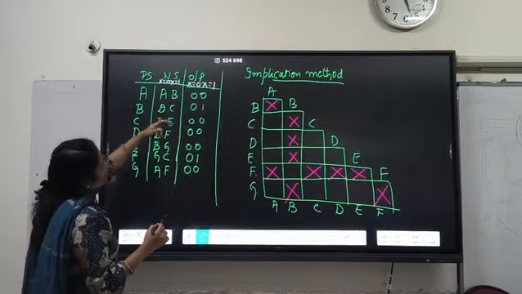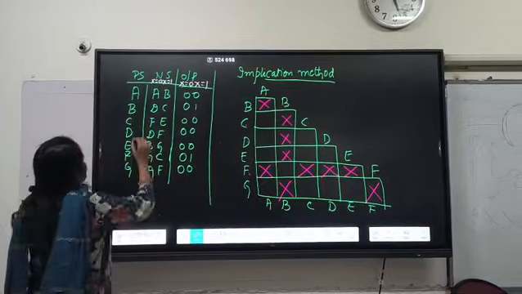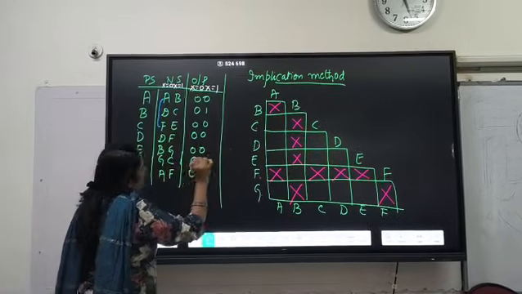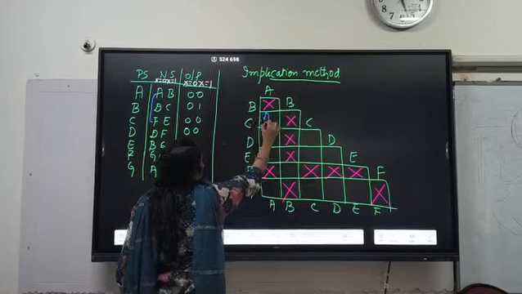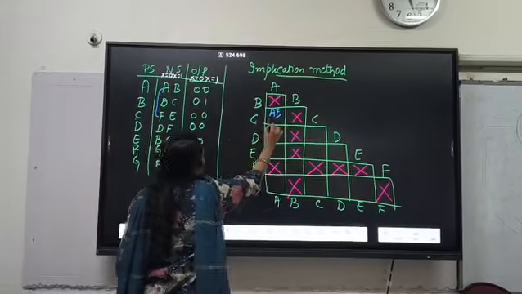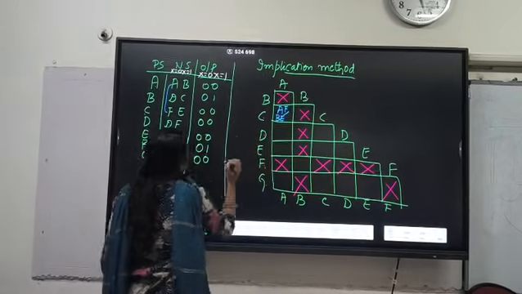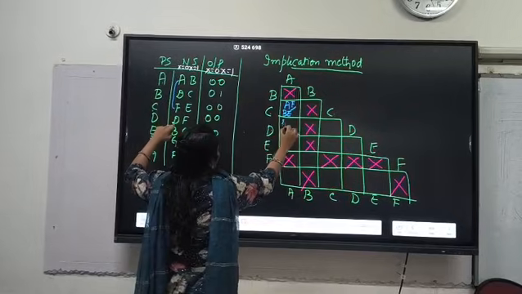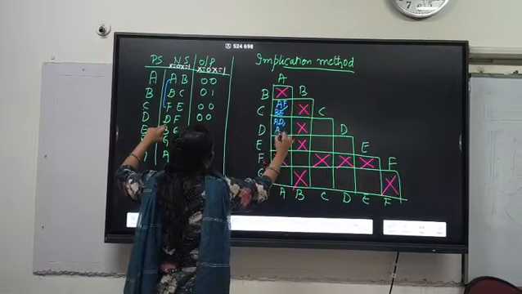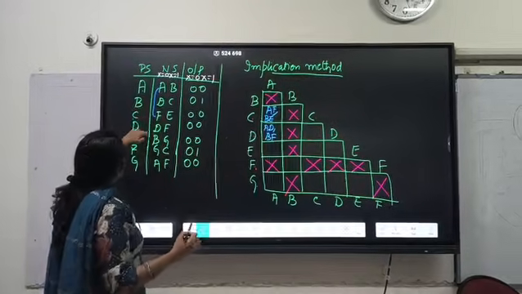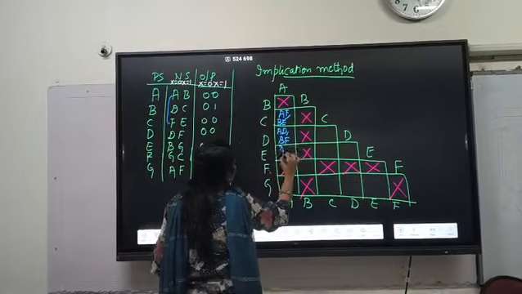So A to B is ruled out. A to C, if I check, on input 0 it is going to AF, and on input 1 it is going to BE. Write that down. Then A to D: it is going to AD and BF. Next, A to E is going to AB.